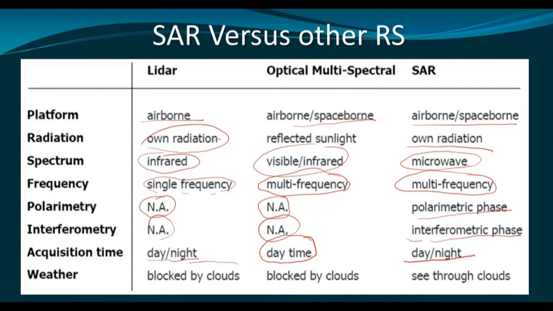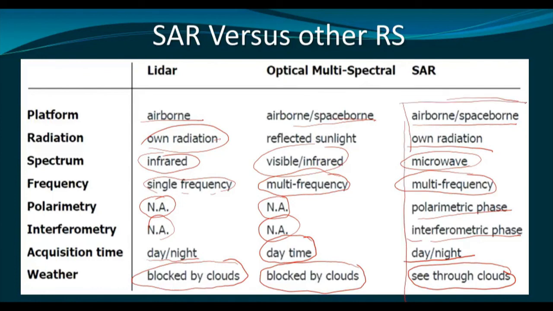LiDAR is affected by, or blocked by, the atmospheric cloud. Optical multispectral remote sensing is also not possible with the presence of cloud, but SAR remote sensing is possible with the presence of cloud. So, the SAR has several advantages over the LiDAR and over the multispectral optical remote sensing.